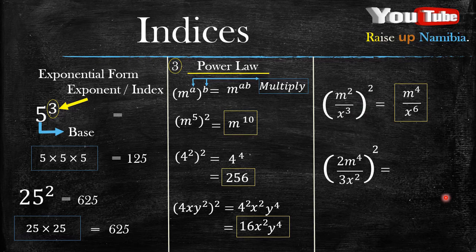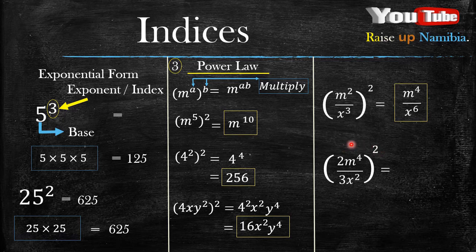Okay? Let's take a look at another question that has fractions and not just letters, but also letters and numbers. So now you say 2, you look at this 2. Now inside the bracket there is also a 2. And remember what I told you, once there is no exponent, it means that it's raised to the power of 1. It's raised to the power of 1, okay?